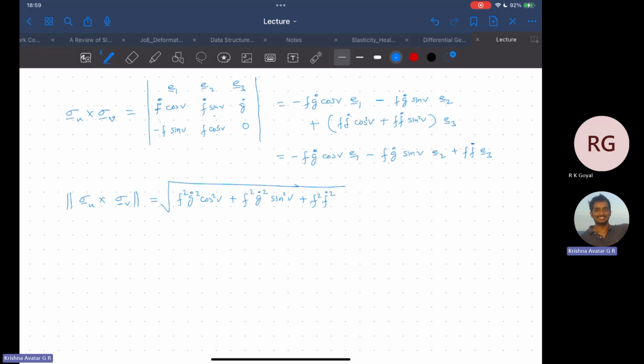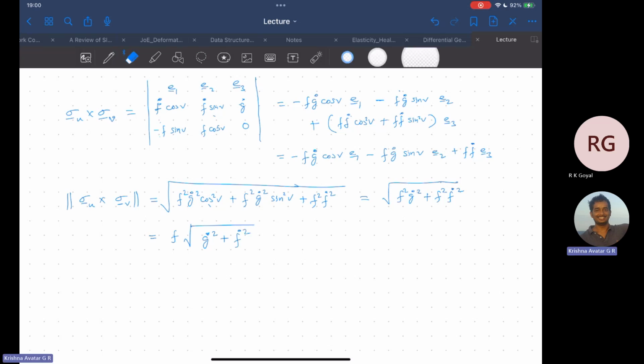Again, we see cosine square and sine square come into the picture, so we'll simplify that as well. Cosine square plus sine square is 1, so we have f square g dot squared plus f square f dot squared, and in both the terms we see that f square is common, so why not take f outside, and we'll have f times the square root of g dot squared plus f dot squared.